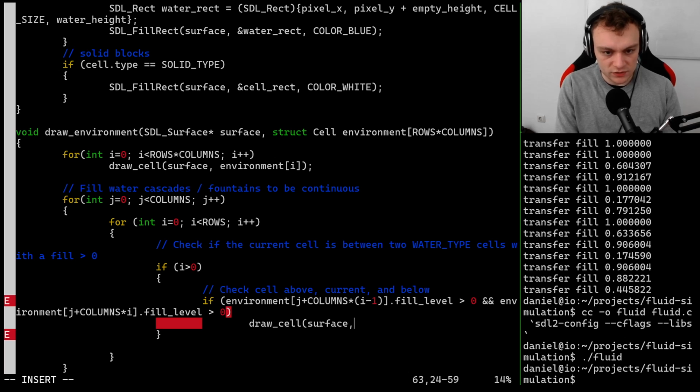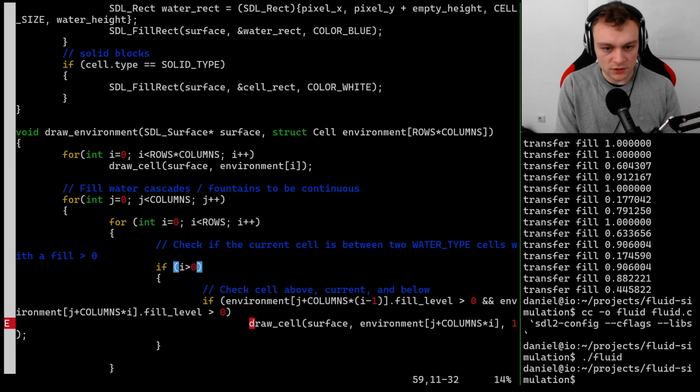We draw the cell to the surface, we pass on environment at j plus columns multiplied by i, and then we say draw cell and we pass a 1 that indicates whether to completely fill the cell. So this is another rendering step.